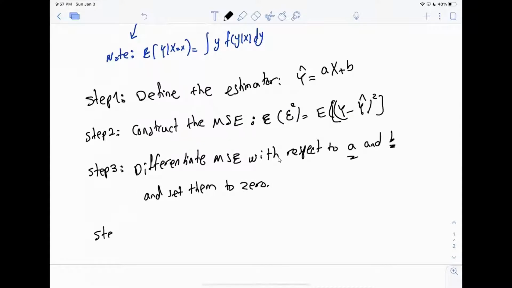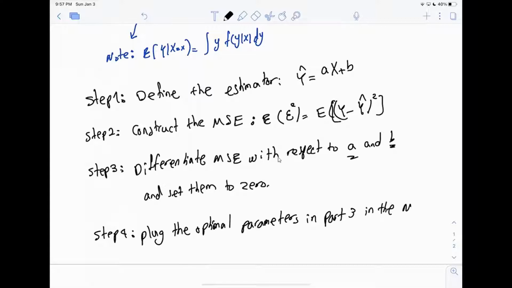Step 4: plug the optimal parameters from step 3 into the MSE expression to find the optimal MSE.